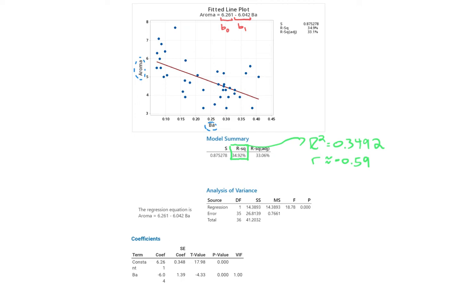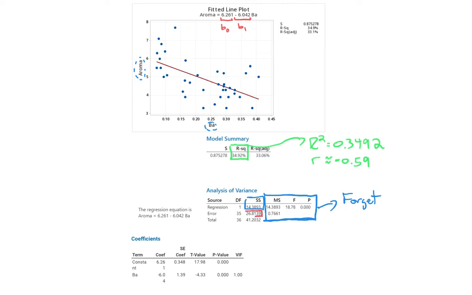This section here, we're not going to get into. It's not particularly useful when we're talking about simple linear regression, just with an x variable and a y variable. So forget about this. And in some sense, forget about this as well. But we have these two values.